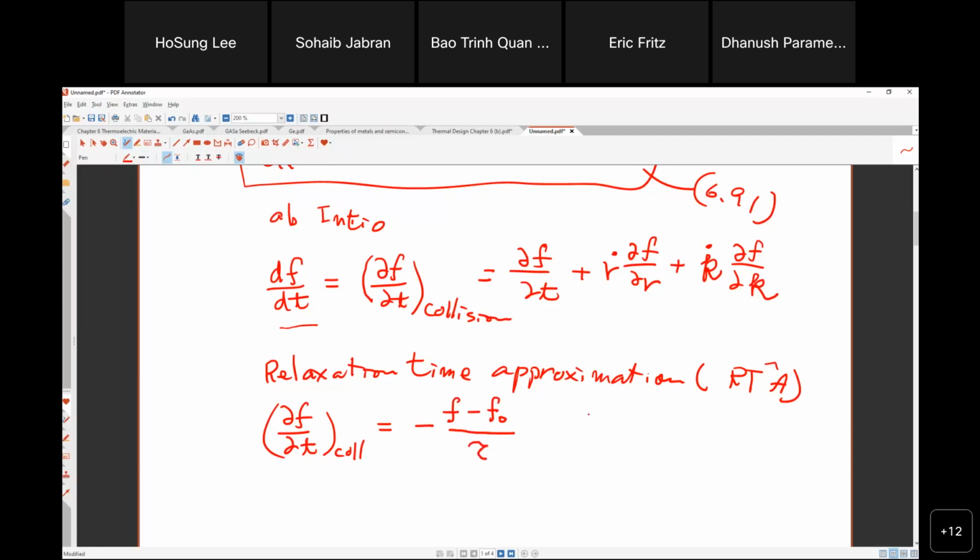Okay, so that's the approximation. It is disturbed, undisturbed, time, scattering practically. So we're gonna solve this. Okay.